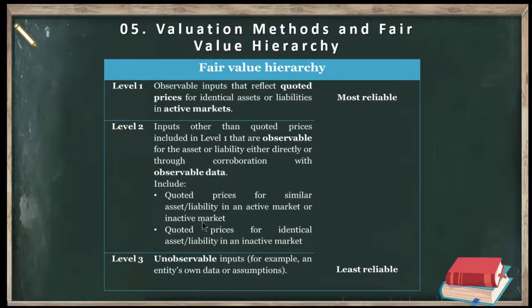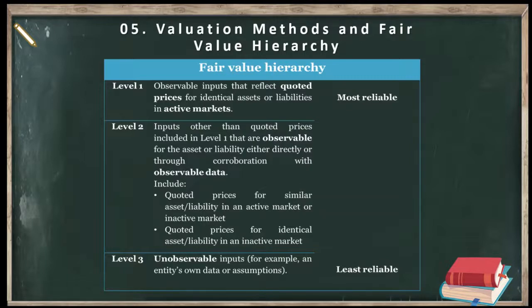And this include the quoted prices for similar assets or liability in an active market or an inactive market, or quoted prices for identical asset or liability in an inactive market.